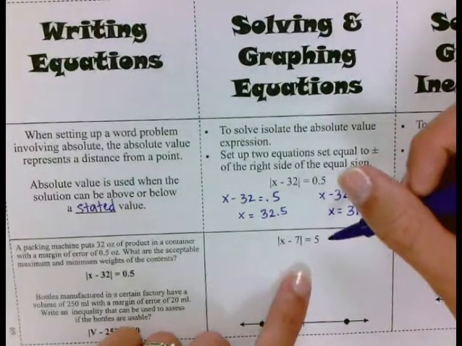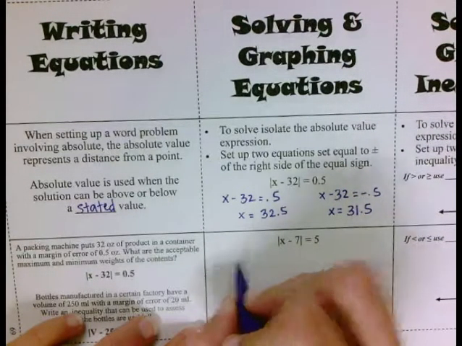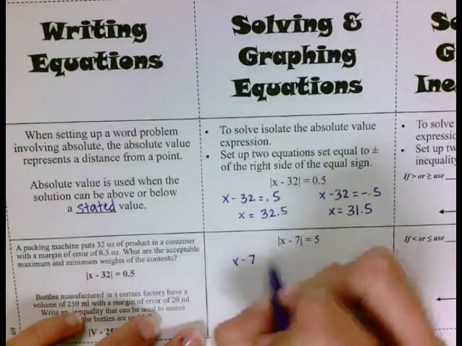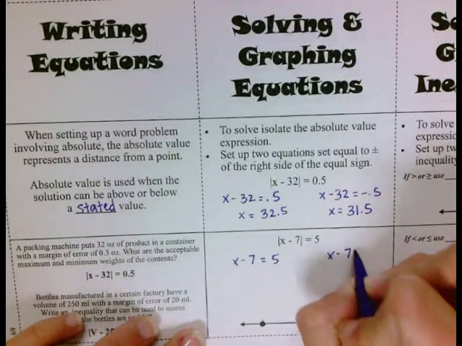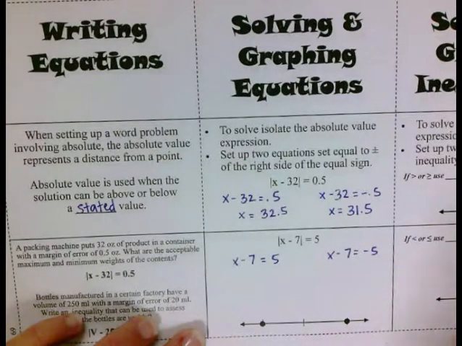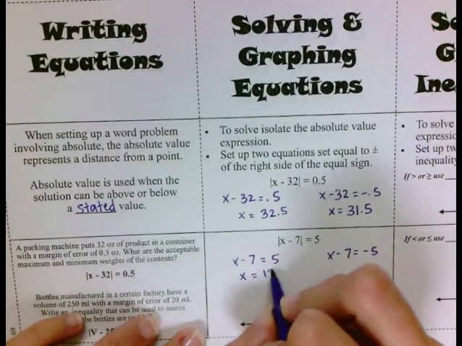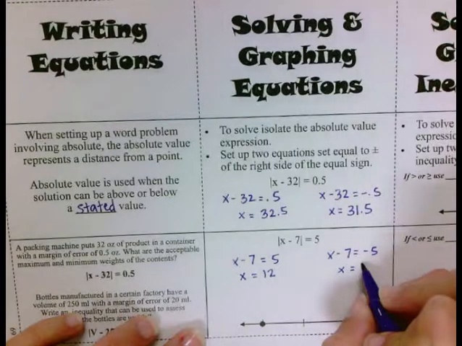So let's look at this example right here. So the first thing you're going to do is isolate the absolute value expression, meaning you're going to say x minus 7 equals 5, x minus 7 equals a negative 5. Then you're just going to solve for x. X equals 12, and then x equals 2.